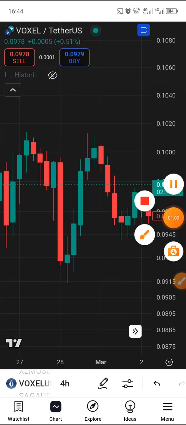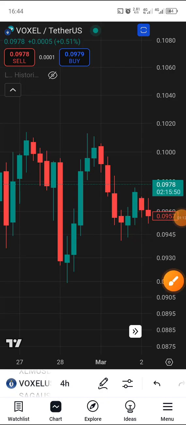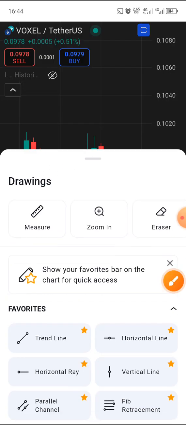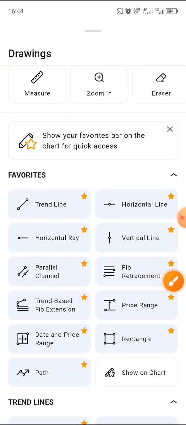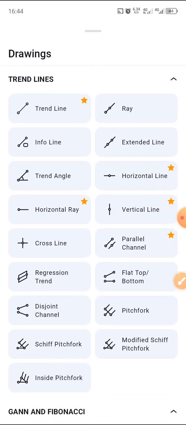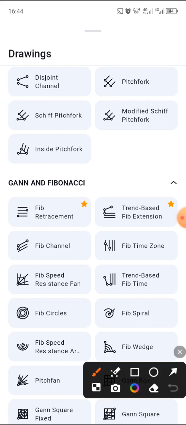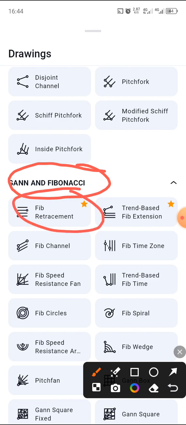So you're asking, how is that really possible? You are going to come here on the pencil. We are going to find what we call the fib retracement. You'll be able to get it from Gann and Fibonacci. It's here, the fib retracement.